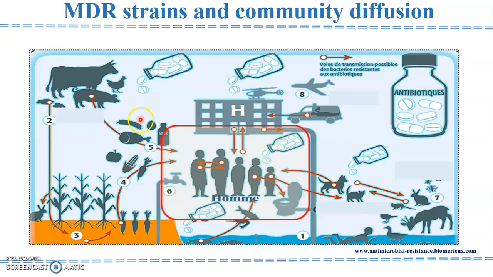Generally, the emergence of multi-drug resistant strains in the hospital environment can be controlled by the screening of patients at risk and the control of internal hygiene, but in the community, controlling the spread of MDR is particularly difficult.